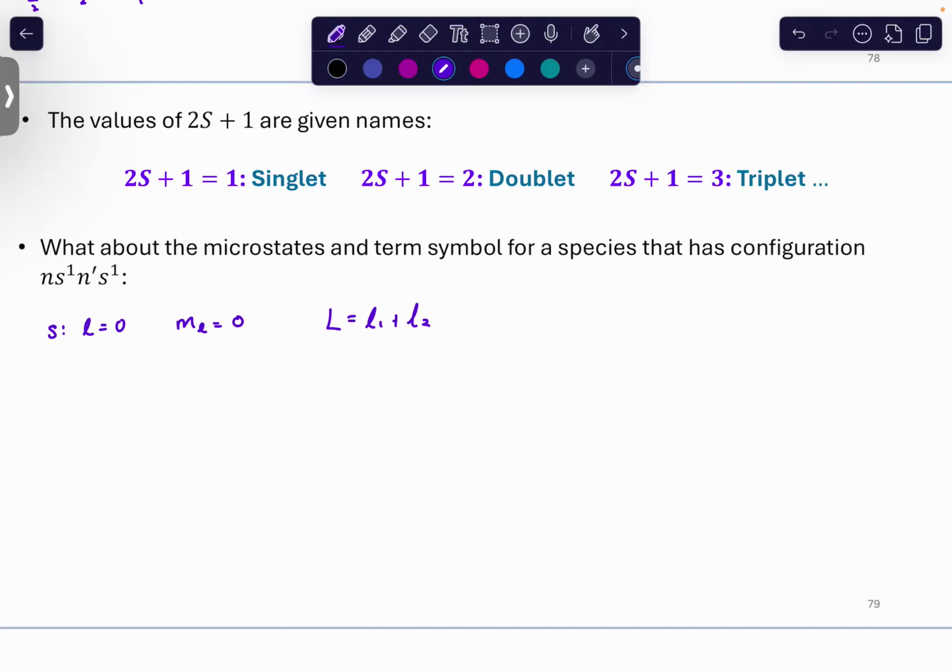All right, so let's do electron 1, electron 2. Since they're not in the same subshell, this time I can have that configuration. Then I can have this configuration. I can have this one.